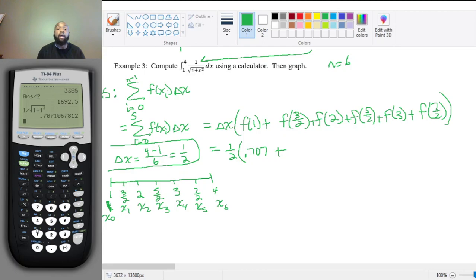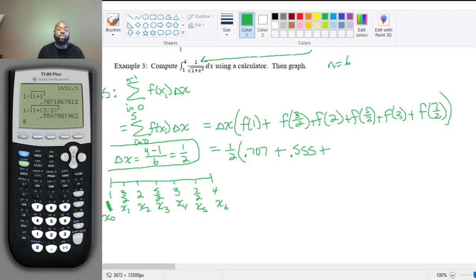And then I'm going to plug in 3 halves. So I'm going to do 1 divided by the square root of 1 plus, now this is a fraction, so I'm going to put 3 halves in as a fraction and then square that. Press enter, 0.555.